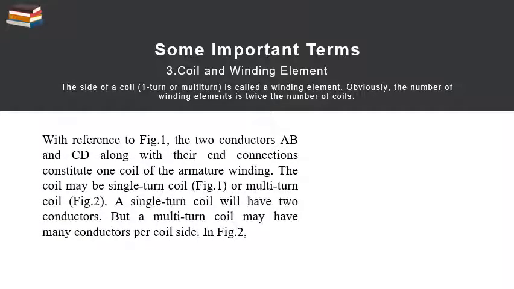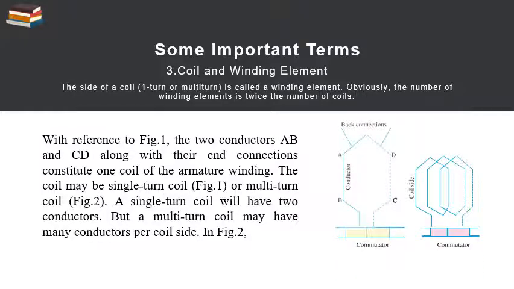With reference to figure 1, the two conductors AB and CD along with their end connection constitute one coil of the armature winding. The coil may be a single-turn coil or multi-turn coil. A single-turn coil will have two conductors, but a multi-turn coil may have many conductors per coil side, in figure number 2.